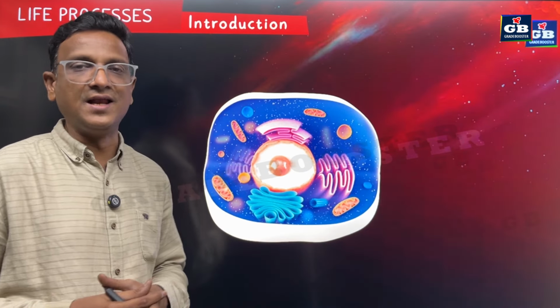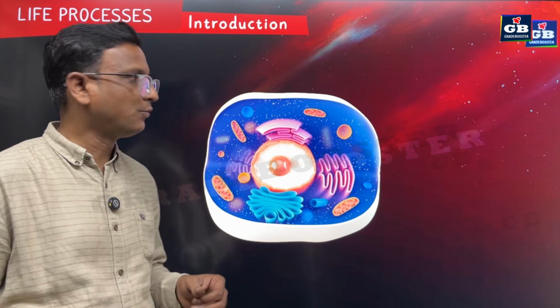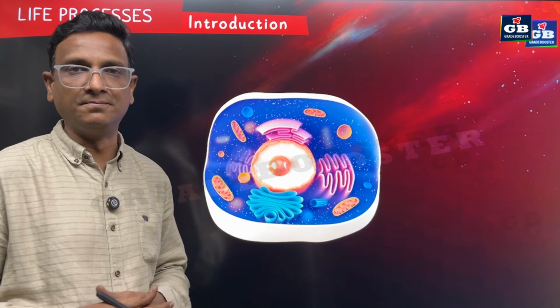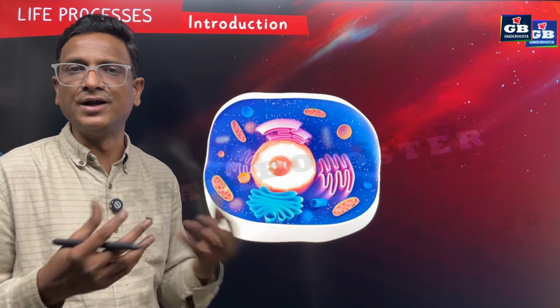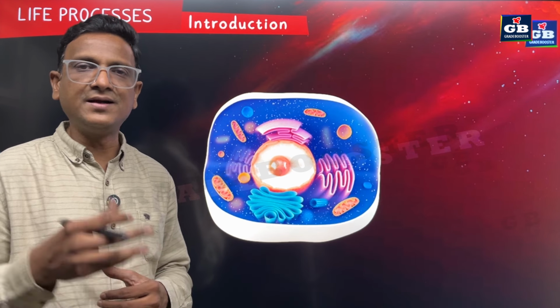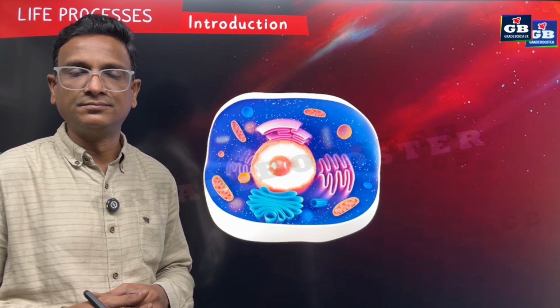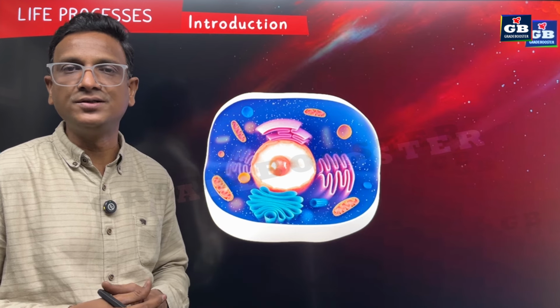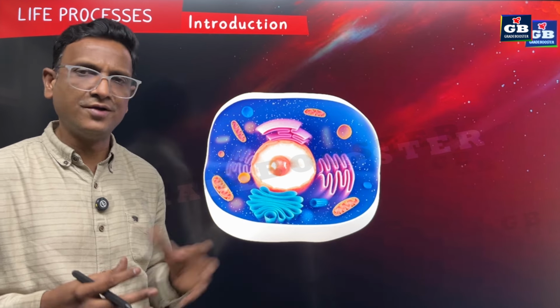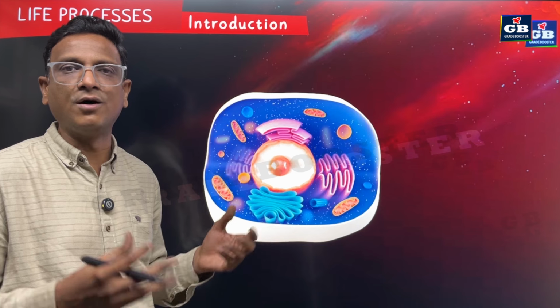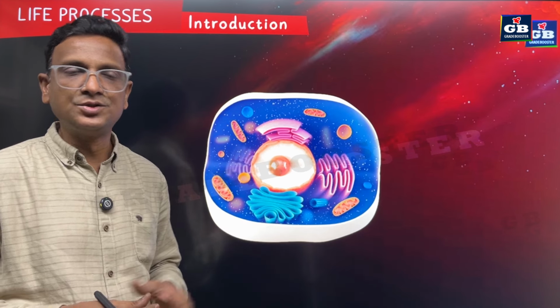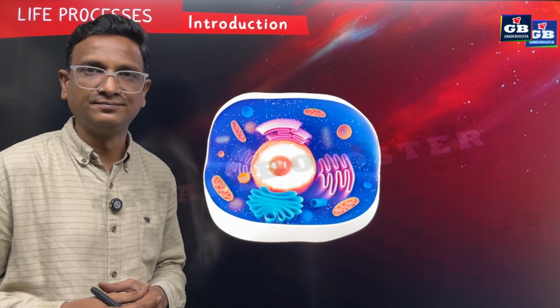Here is a picture of a cell. Then why are we talking about a cell when we are talking about a body, an organism? Whether it is a plant or animal, they are made up of the fundamental unit called a cell. So every organism is made up of one or many cells. So the cell is the basic unit of life.